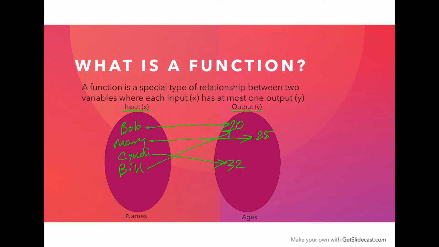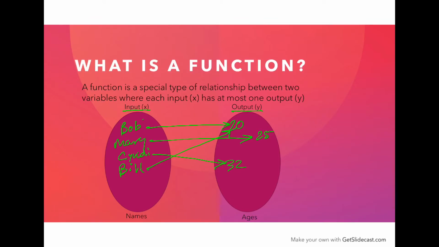If I were looking up these specific people on a census report, they would only have one age, one birth date. So I wouldn't ever run into one person having two different ages.